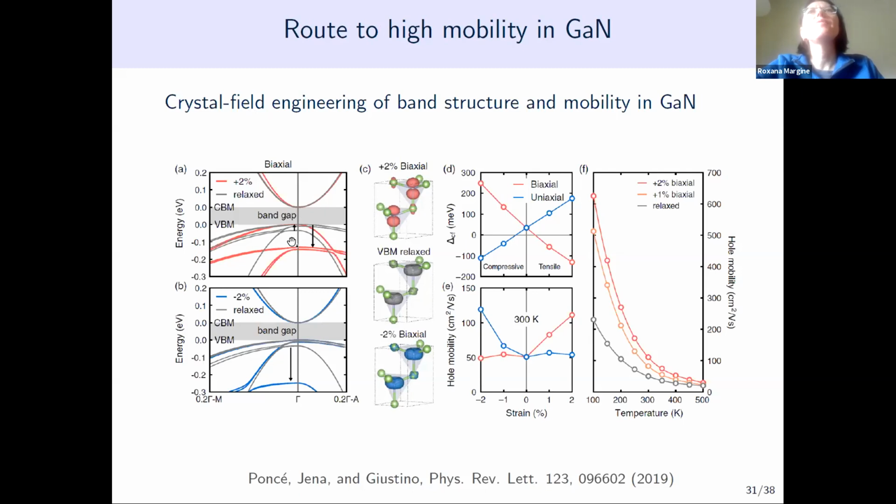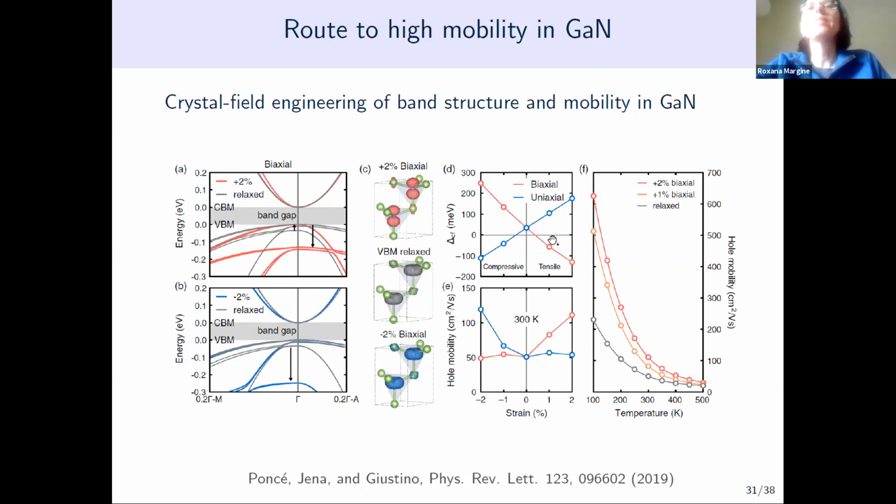And this reversal of crystal field splitting may be achieved by a biaxial strain or a uniaxial compressive strain, as summarized in this figure. So for instance, we can see that with a 2% biaxial strain, one can increase the hole mobility by 230%.